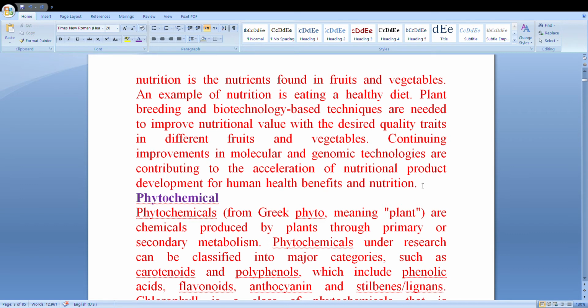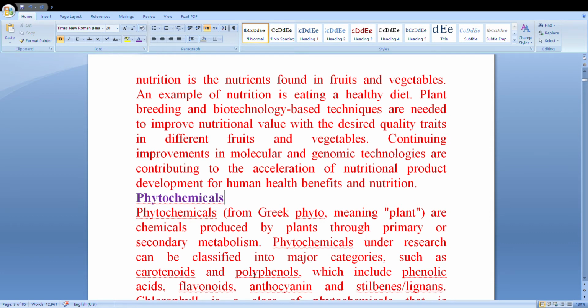Then we can define phytochemicals. What are phytochemicals? From Greek, phyto means plant, and chemicals means chemicals produced by the plants. So phytochemicals are chemicals produced by plants through primary or secondary metabolism. These are organic substances or chemicals.